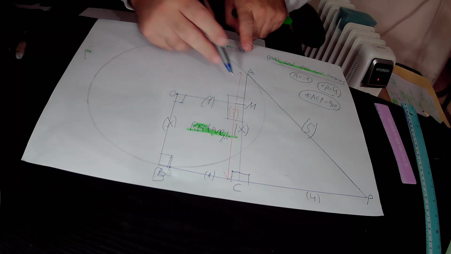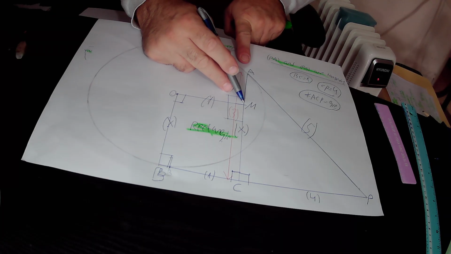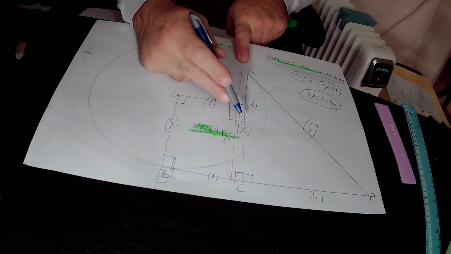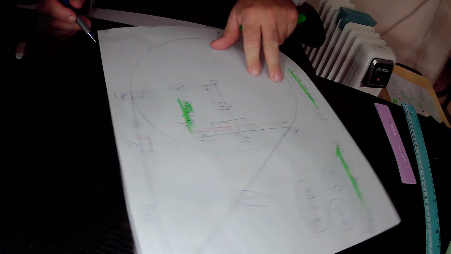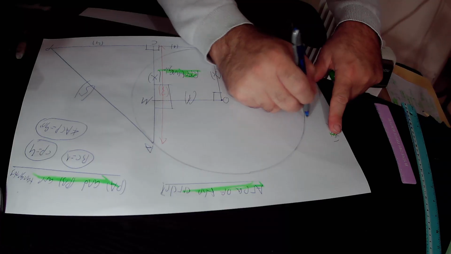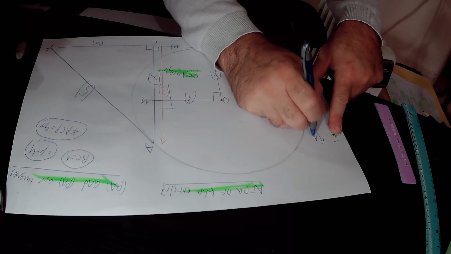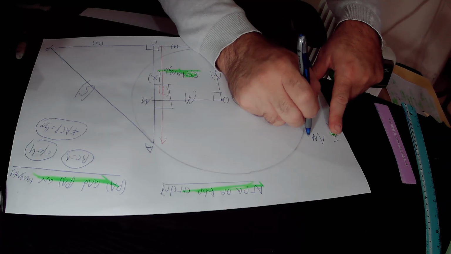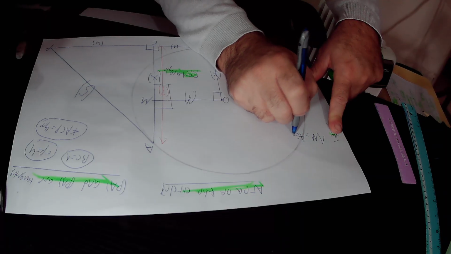What is the length of AM? From the drawing, it is very easy to see that AM in total equals AC minus MC.